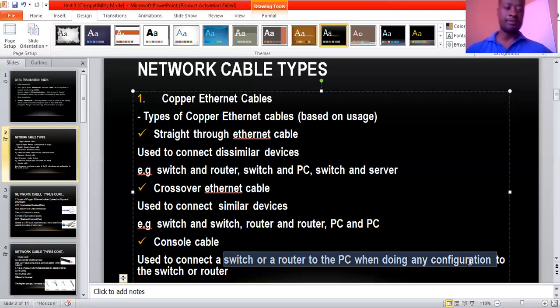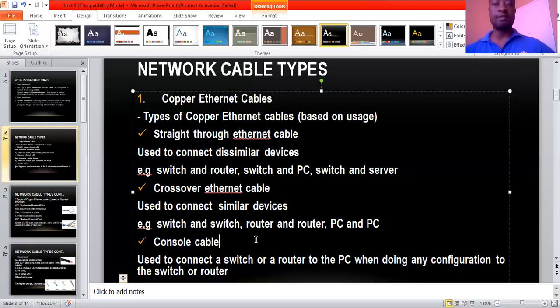Okay, if you buy a new router or a new switch and you want to do configuration, you can't do it on the router itself without first connecting to the computer and running the commands or making the configuration using the PC. So you need to connect your new Cisco switch or Cisco router to a computer so that you can do the configuration.